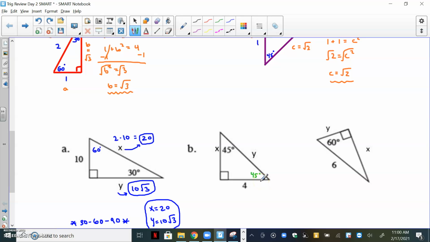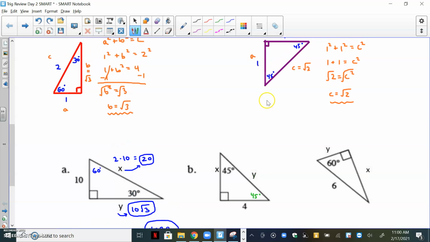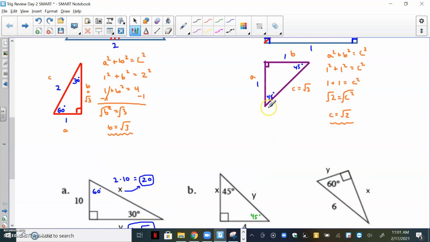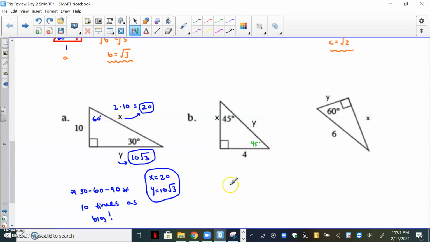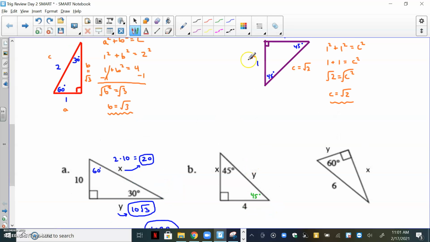But it's important to recognize that there is still a scale factor here. If the legs were originally 1 and the new one is 4, that means we're 4 times as big. I'm going to go ahead and write that it's a 45, 45, 90, and we are 4 times as big. So I also could have taken this 1 and just multiplied it by 4 to get the other leg.